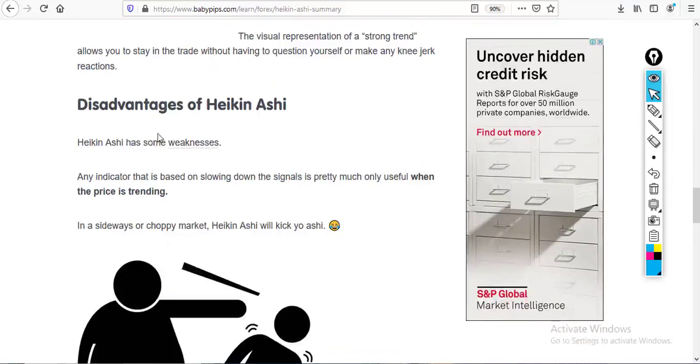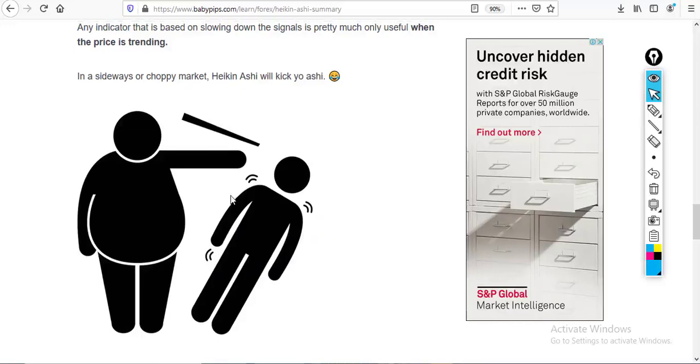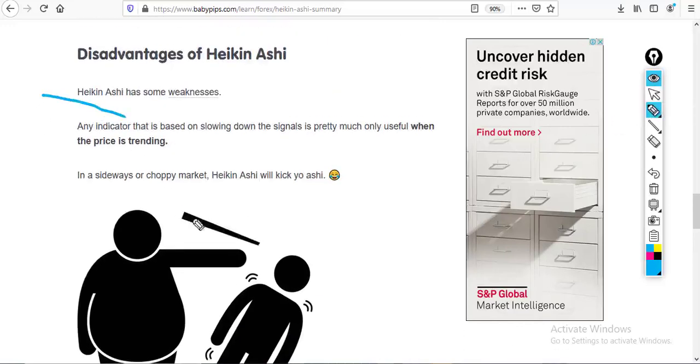And then for the disadvantages of the Heikin Ashi, you can only use it as an indicator telling you the direction of the price, because an indicator that slows down can only be used to know where the direction of the market is, like the MACD, the moving average convergence divergence.